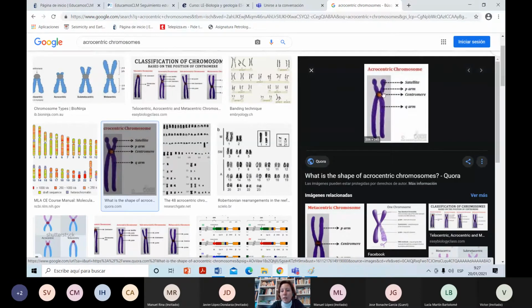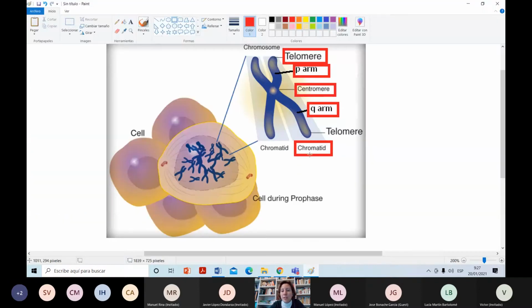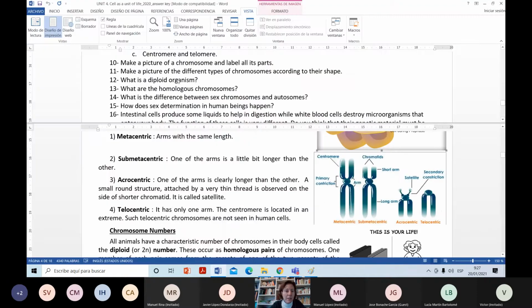So if you draw one chromosome like that one, you could label a 6th term, the satellite. But having 5 would be enough for activity number 10: make the picture of the chromosome and label all the parts.